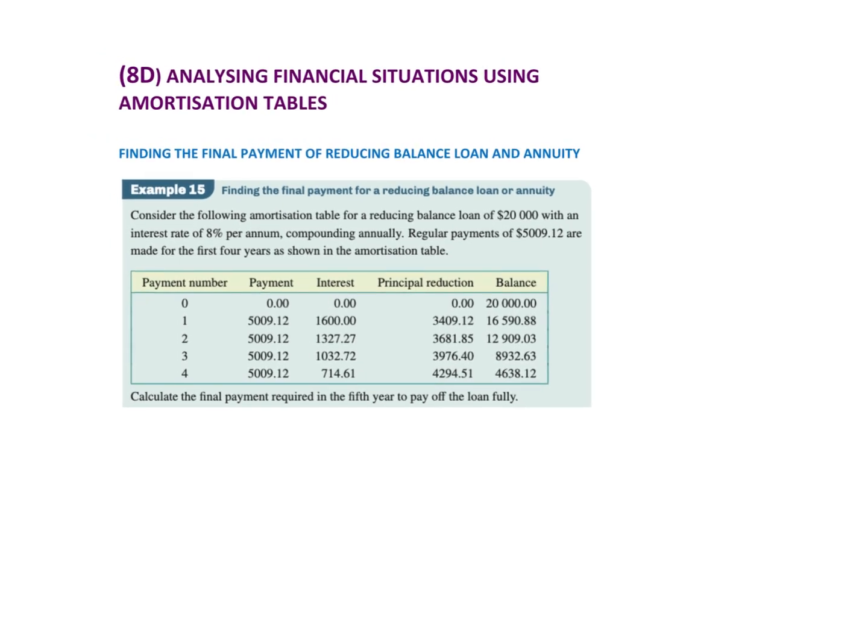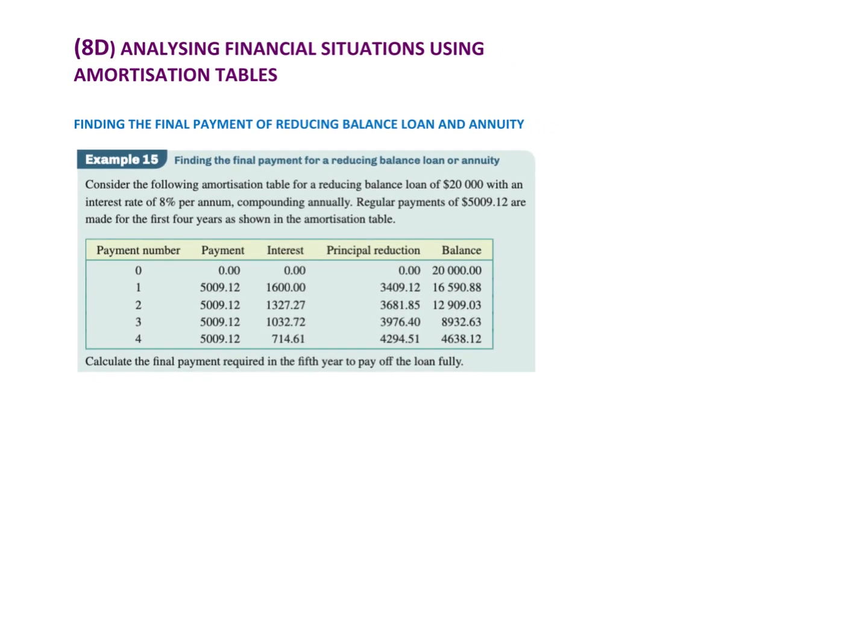So let's have a look at this example. Consider the following amortization table for a reducing balance loan of $20,000 with an interest rate of 8% per annum, so there's your R, compounding annually, so PPY is 1. The regular payments of $5,009.12 are made for the first 4 years as shown in the amortization.